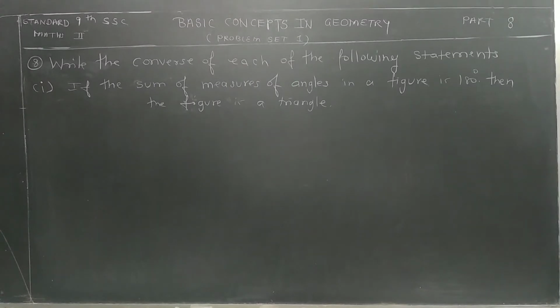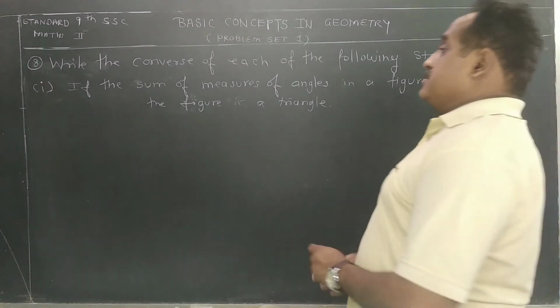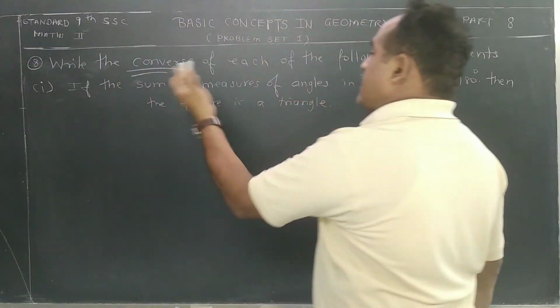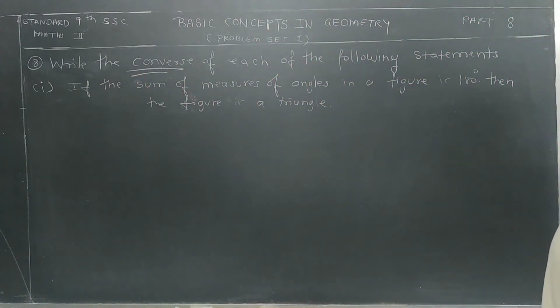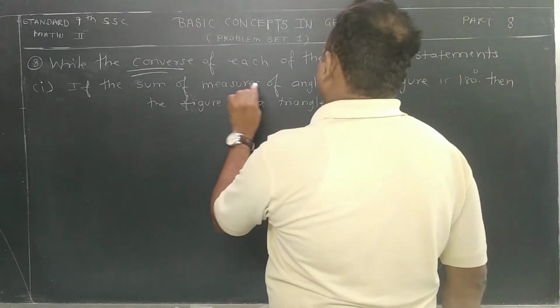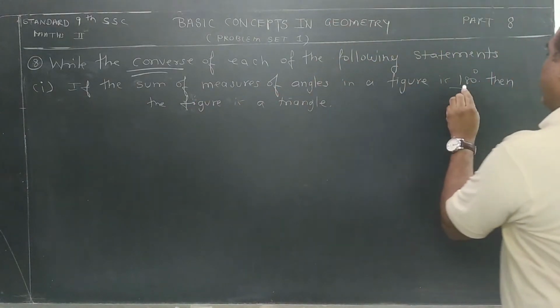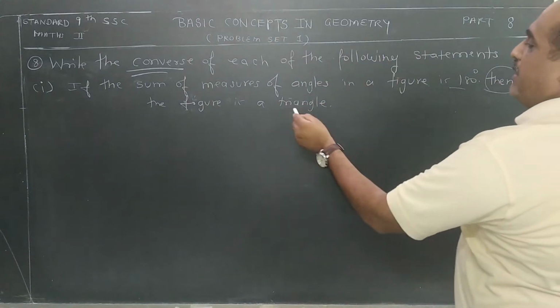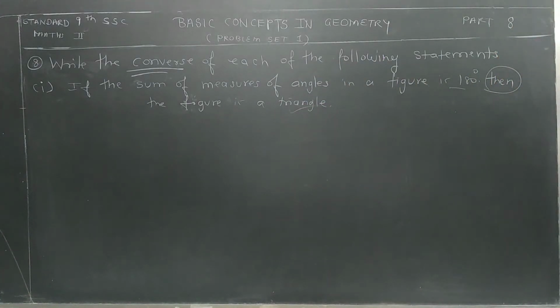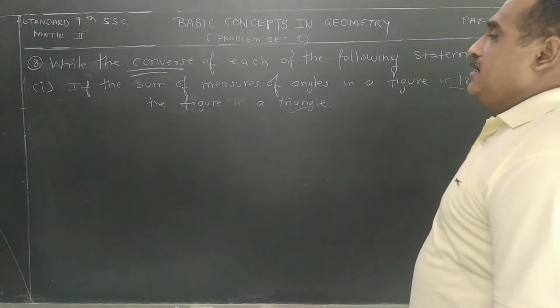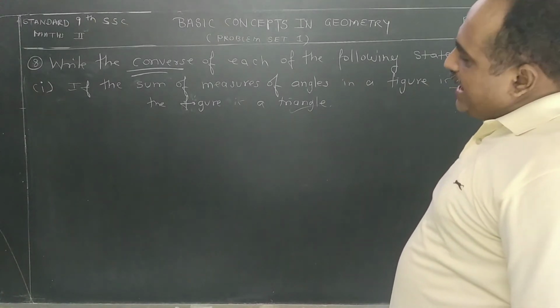Now see the eighth question. Write the converse. What do you have to do for the converse? Change if to then and then to if. Correct? So each of the following statements: if the sum of the measures of angles of a triangle is 180, then the figure is a triangle. After then, what should the first part be? The given part: the antecedent becomes the consequent and the consequent becomes the antecedent.